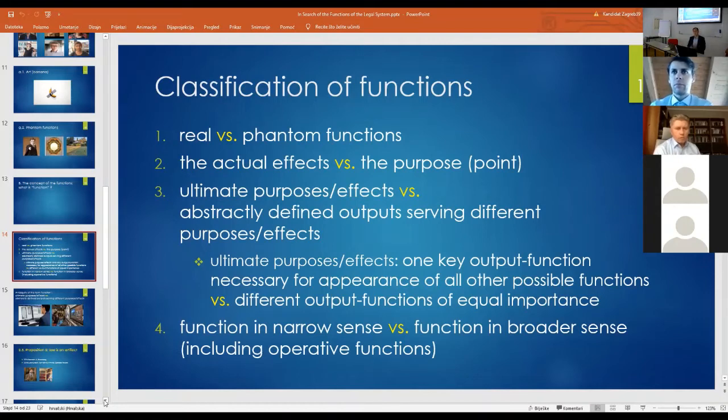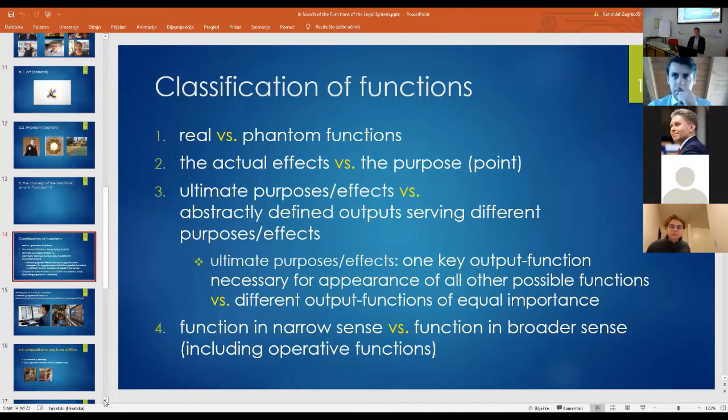For example, if you claim that justice and peace are two functions of law, is there no one proper function, for example peace, with justice coming from peace, or is justice the proper function with peace coming from justice, or are there two separate functions?